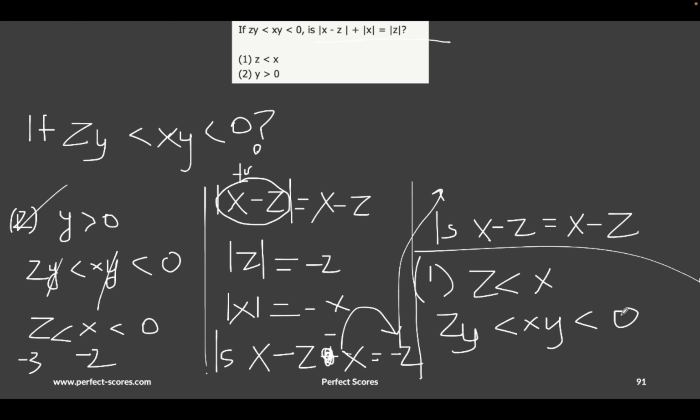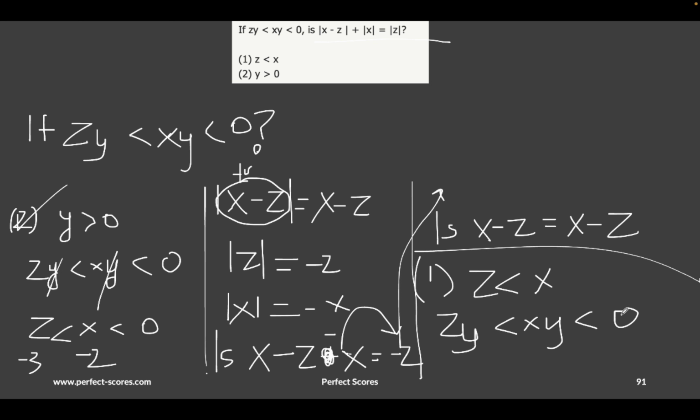We don't even need to deal with this inequality, because z being less than x is true here, and we're getting the same thing. So if we're getting the same thing, that means even statement 1 is going to be sufficient, because z is going to be less than x only when y is positive.